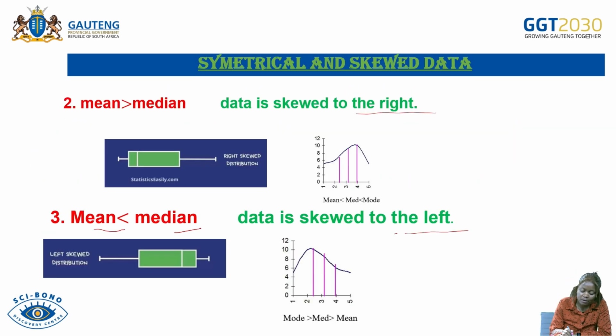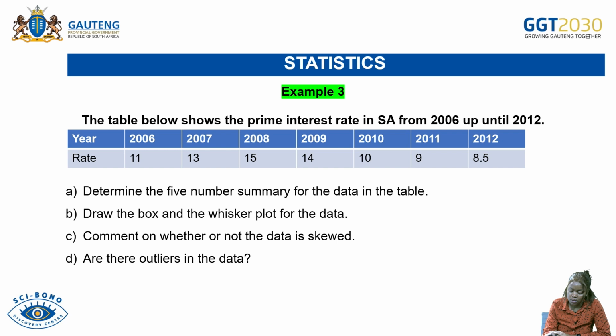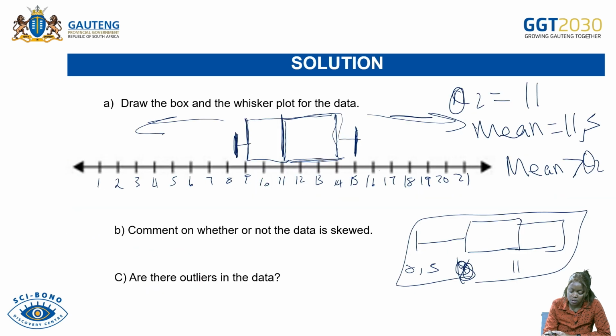So if our mean is greater than the median, it means that our data is skewed to the right, ne? So the next question, whereby they're saying comment on whether or not the data is skewed. So the data is skewed to the right, ne?